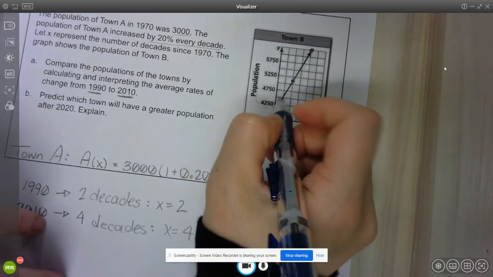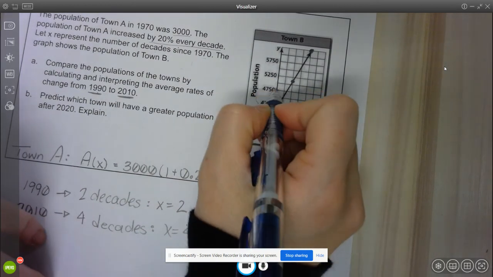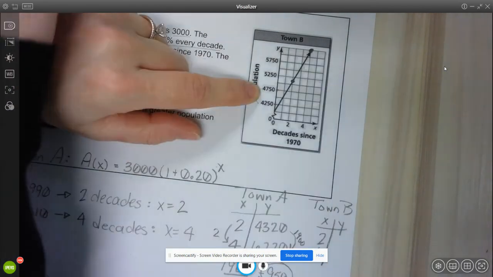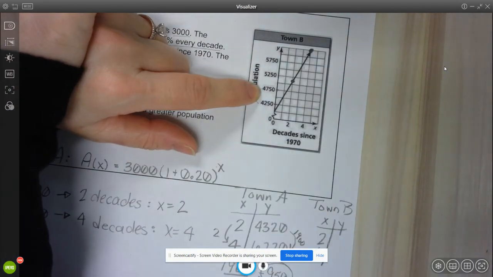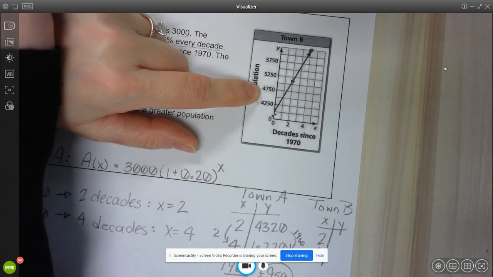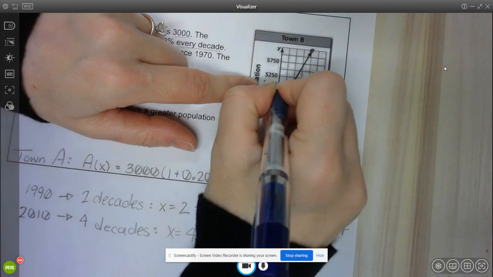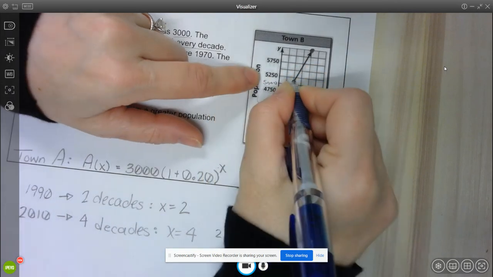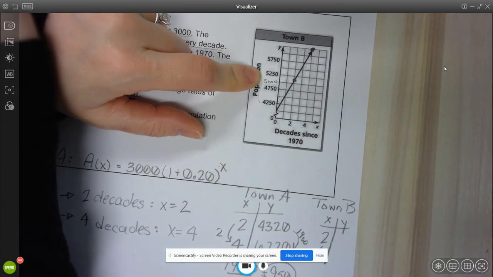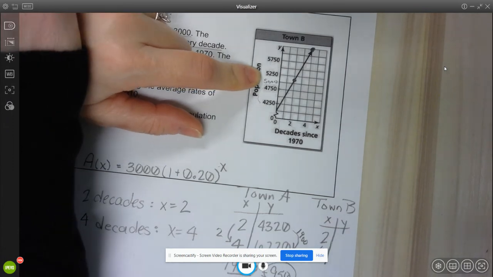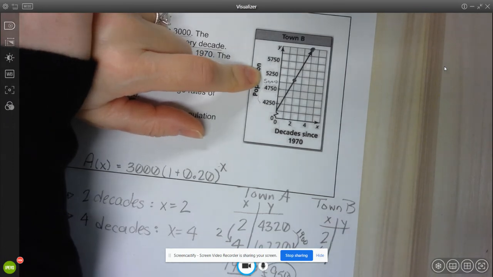Okay, so here, if I'm at 4,750, I need to add 250 to it. That tells me this is 5,000, this line here. Now I'm halfway in between that, but 250 isn't evenly divisible.